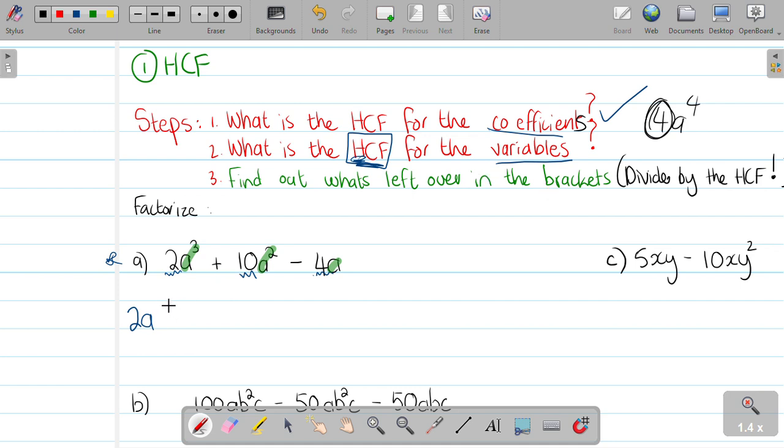So firstly, after you have done step 1 and 2, you open up a set of brackets. That is very important. And then how do you find out what is going to be left over in this bracket? I'm going to explain that in detail now.